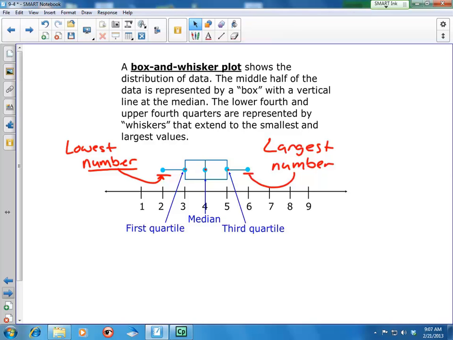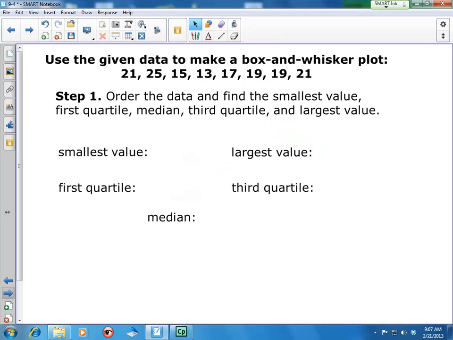All right, let's take a look at our next one here. Oh, good gosh. All right, so let's arrange our information one more time. Let's see. We have 13, 15, 17, 19.